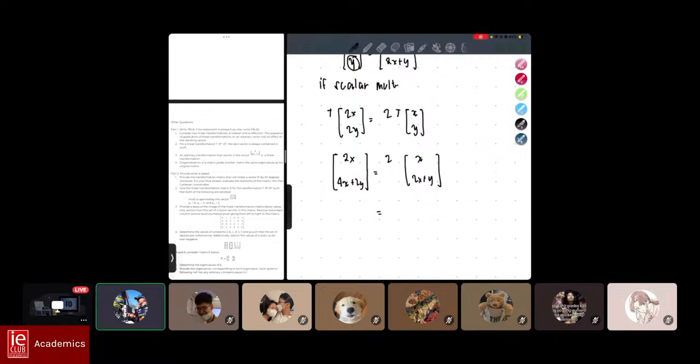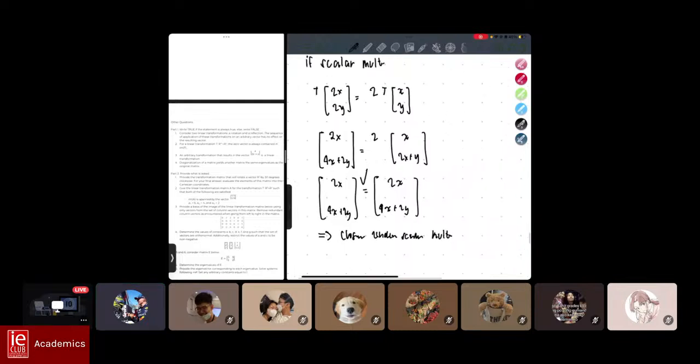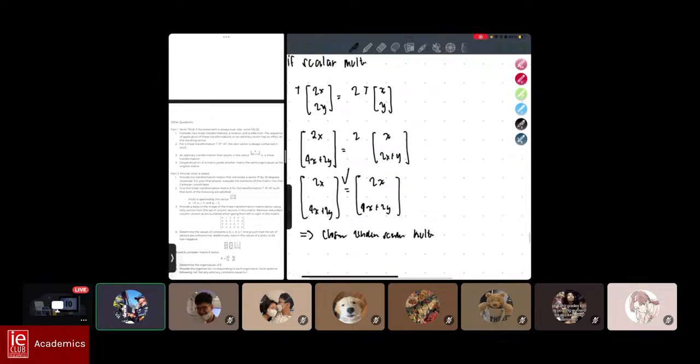Multiplying on the right side, 2 times (x, 2x + y) gives (2x, 4x + 2y). Okay, so they look exactly equal. Therefore, it follows that it is closed under scalar multiplication. Good.